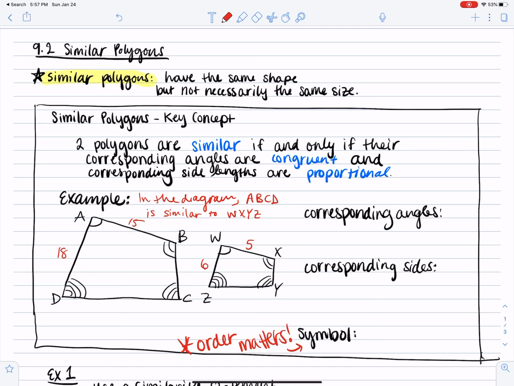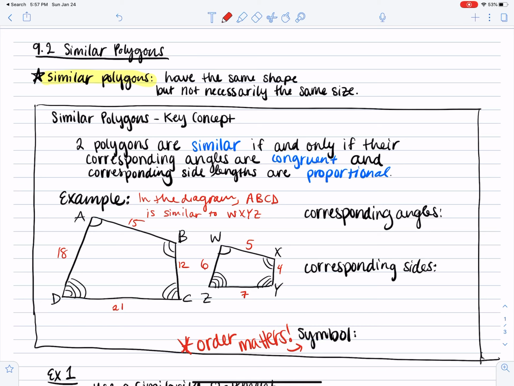Do you see how these are 1/3 the size over here for W, X, Y, Z? So this one's 12, so this one over here is going to be 4, and this one's 21, so this one over here is 7. Okay, so the side lengths are proportional, so they're like 1/3 as big, but all the angles are the same.